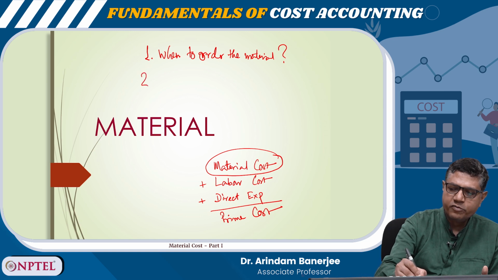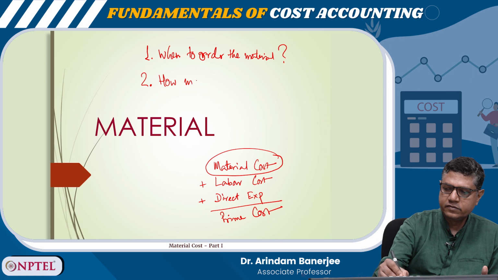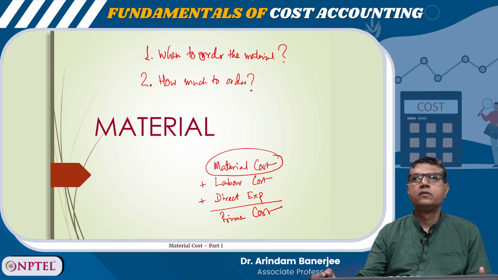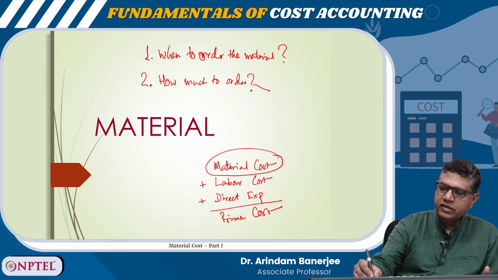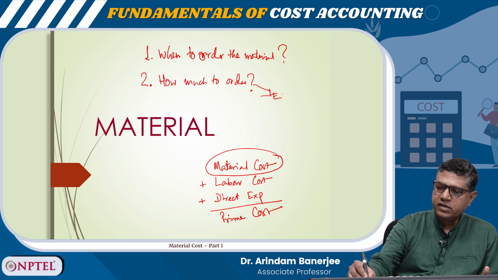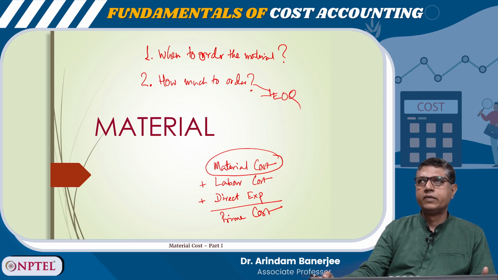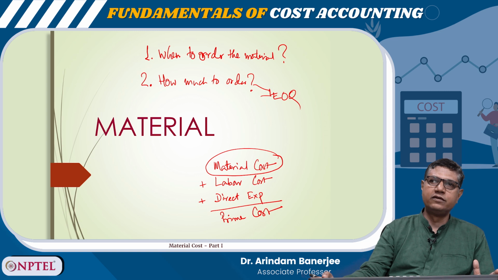Then the second important question is how much to order, right. Here primarily we will discuss one concept which is called economic order quantity or EOQ. So, these are the two major questions we will try to find out how to answer.